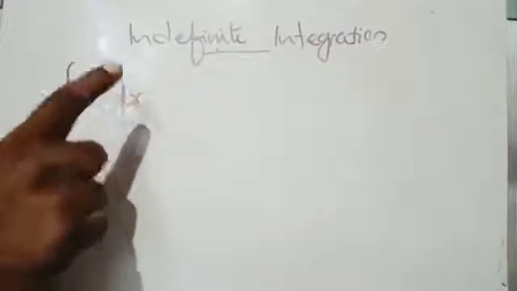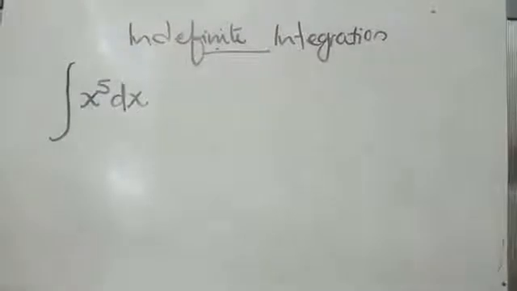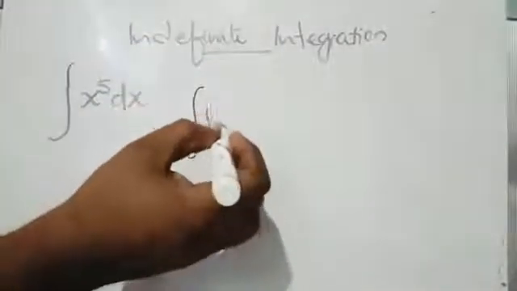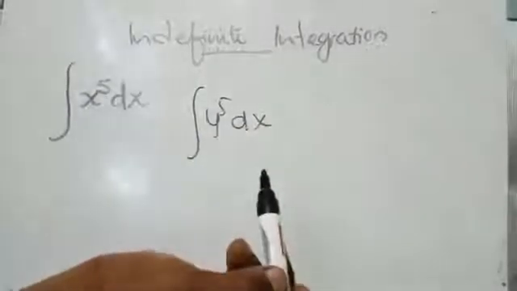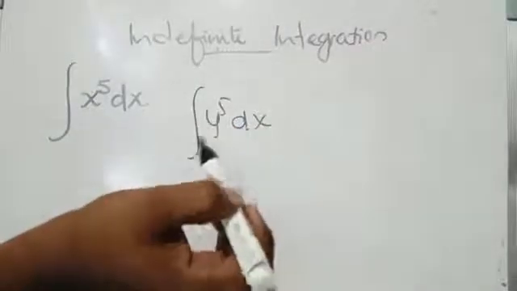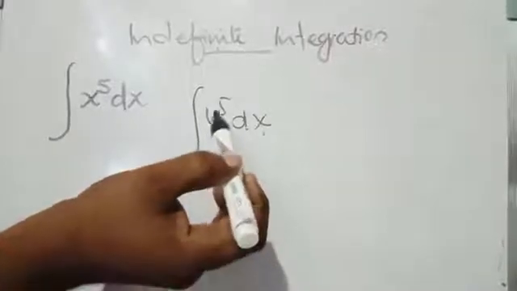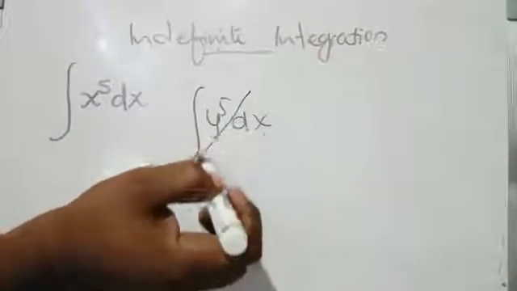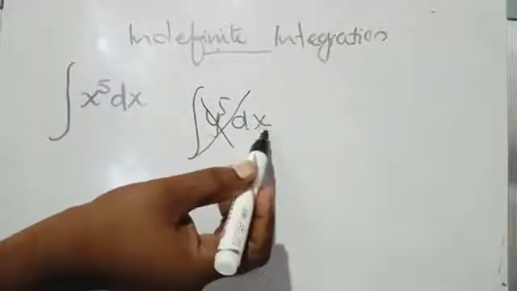To mention that, this dx is given here. Okay, if you get a question, integral y raised to 5 dx, this integration is with respect to x and your term is y raised to 5. You cannot do integration here. To do this integration, it must be dy.